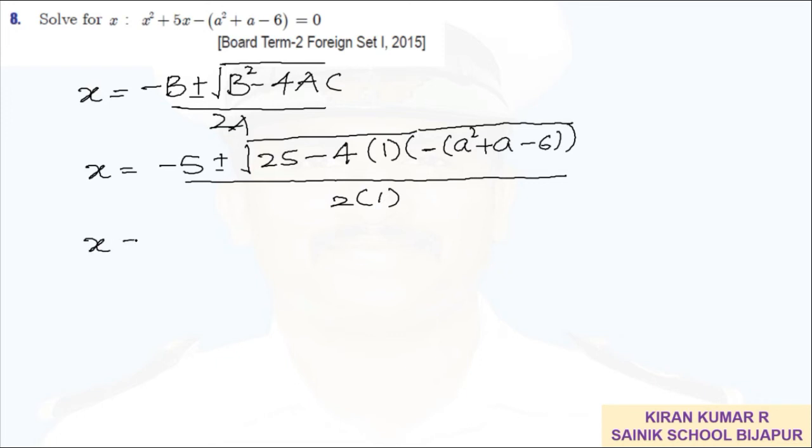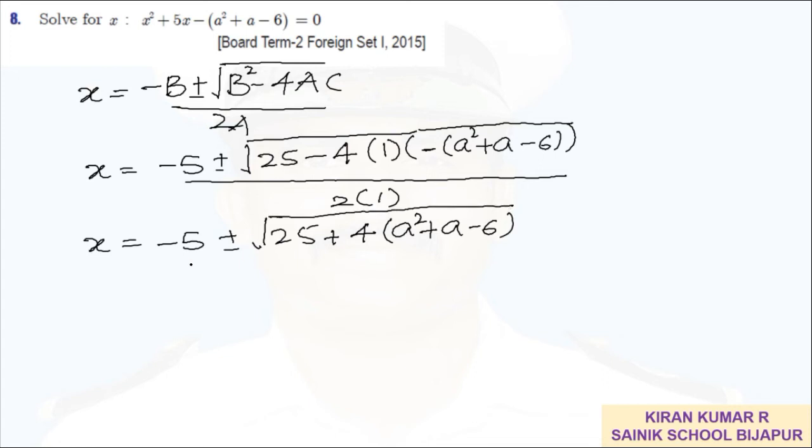So finally x will be negative 5 plus or minus root of 25, this minus of minus will become plus, 4 times a square plus a minus 6, divided by 2.